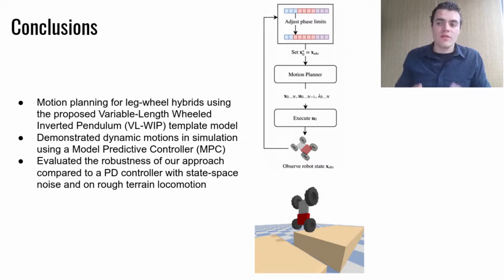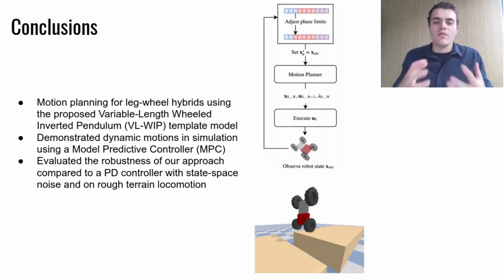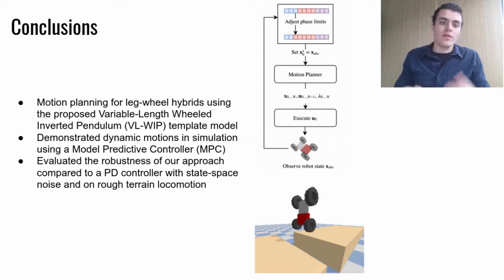We demonstrated that even with a simple template model, we can already execute dynamic motions in simulation such as jumping. Those motions are discovered from the first principles of optimization. We show that we can use a simple, straightforward MPC formulation with a direct transcription method to execute those motions in simulation, and we compare them to a PD controller on rough terrain and with noise in state space.